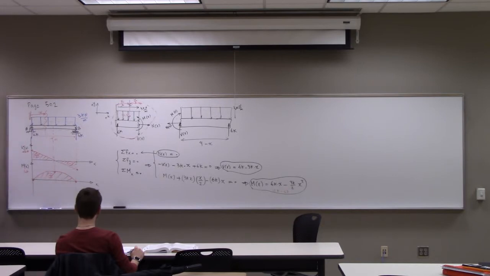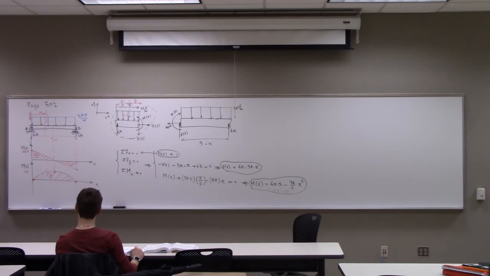Now, as an engineer, when you look at this, if you want to design based on bending moment, what is my critical point for design? When derivative equals 0. Exactly at the middle. I get the maximum. You see, if you design for shear, what's the critical point? Either the beginning or end.